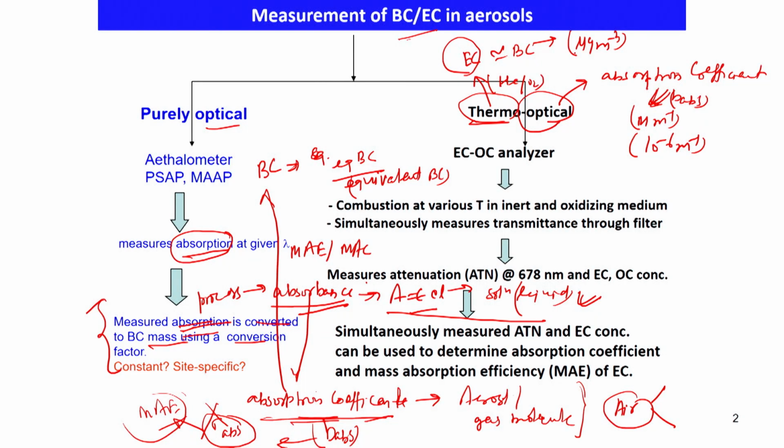Now remember, these instruments can directly give what conversion factor should be there, because EC is equivalent to BC.